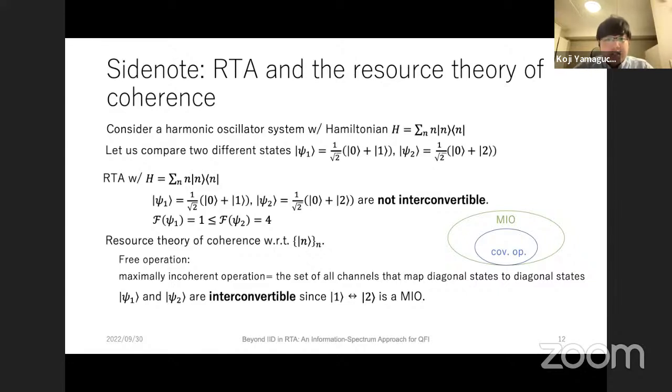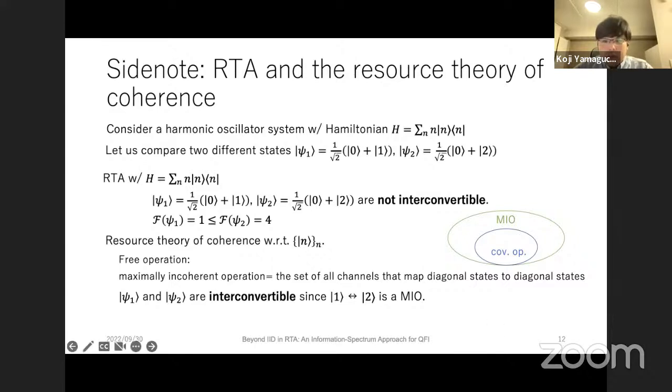On the other hand, let us consider the resource theory of coherence with respect to the energy eigenbasis. Of course, there are several different formulations of the coherence theory, but here let us use the so-called maximally incoherent operation as a free operation. So this is the set of all channels that map a diagonal state to a diagonal state with respect to some specific basis.